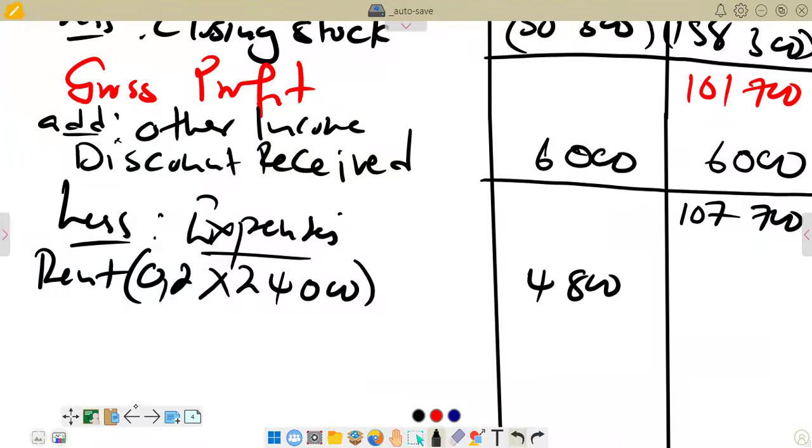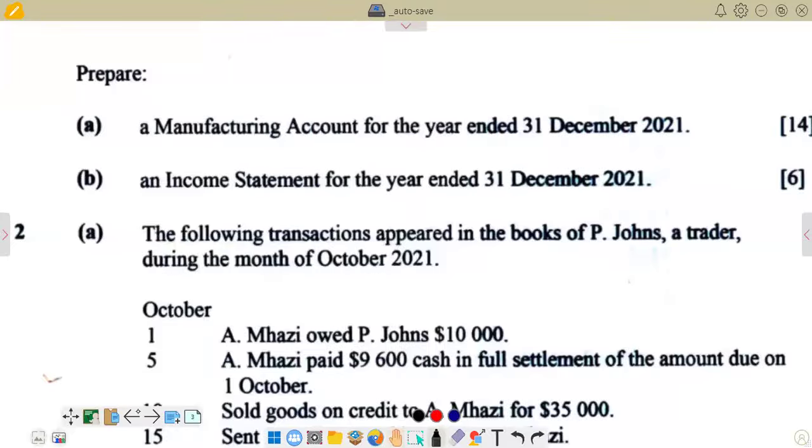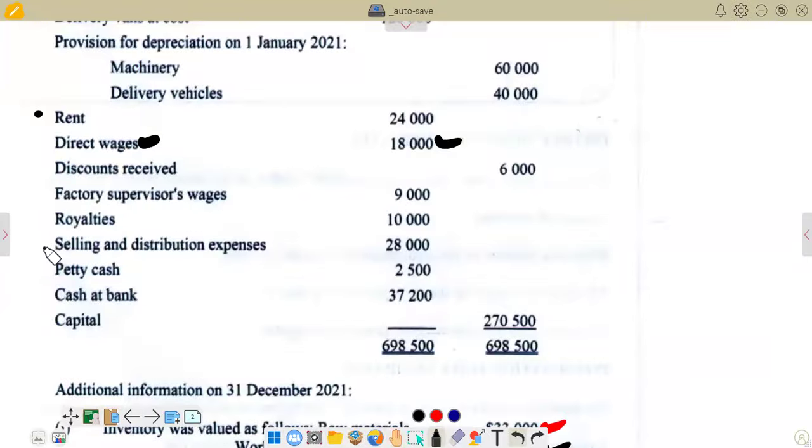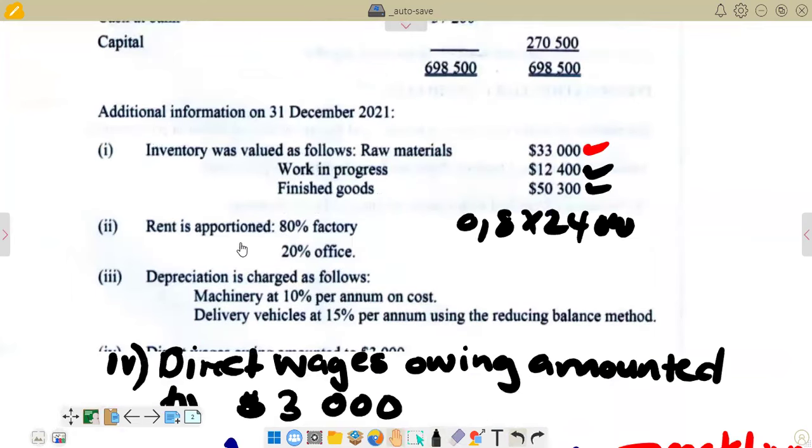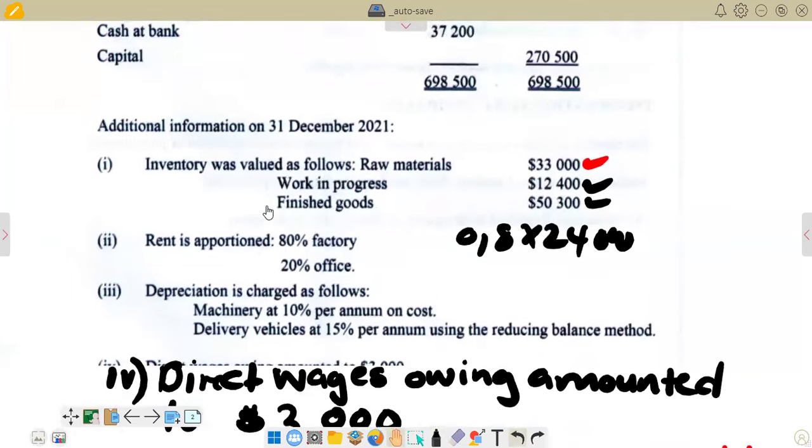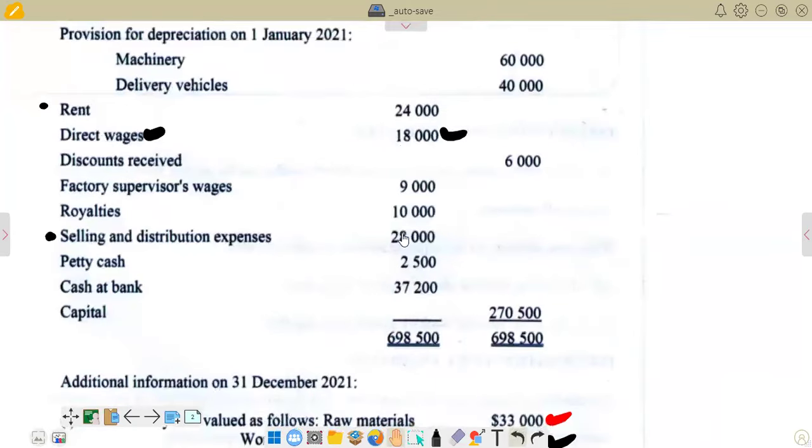Then I will check again for any other expense that we have that we are supposed to put in the income statement. So remember, we also have selling and distribution expense 28,000. But before you enter that, you are supposed to check if you've got any accruals or prepayments of selling and distribution. But see that we don't have anything, so we just take 28,000 as it is and put it there.